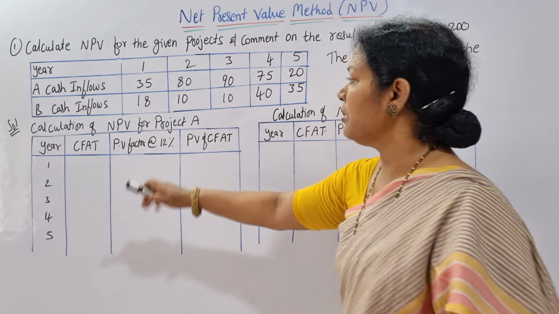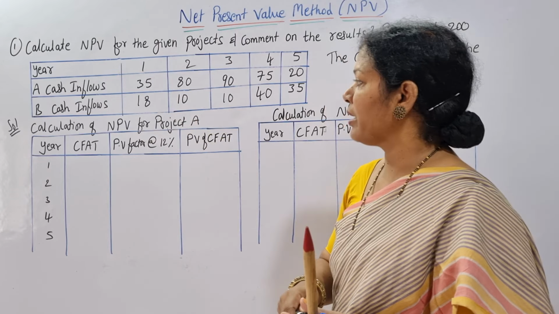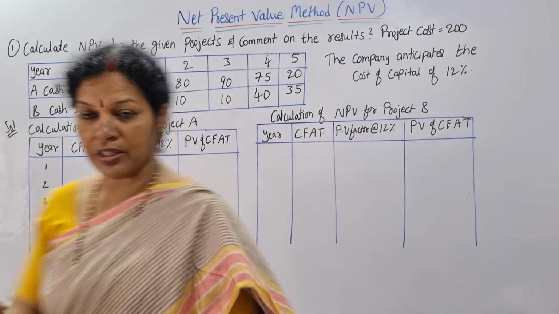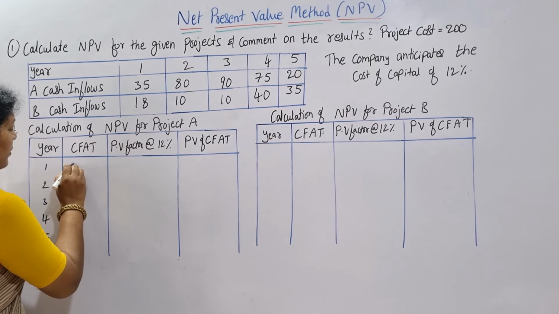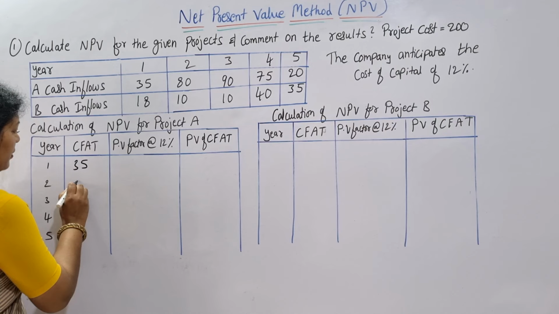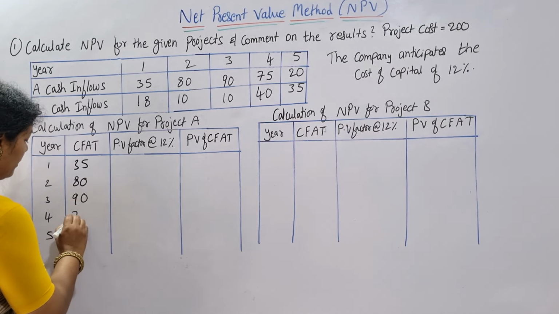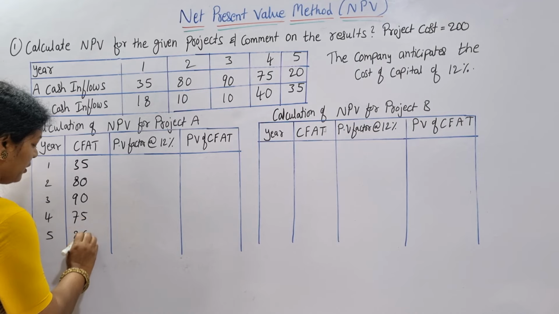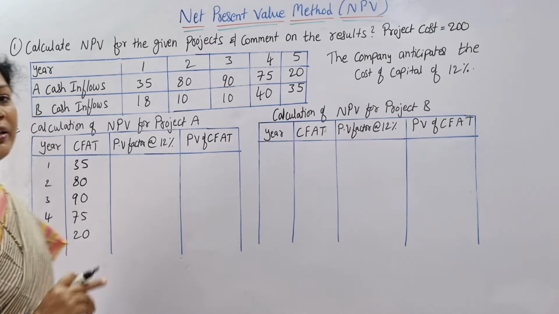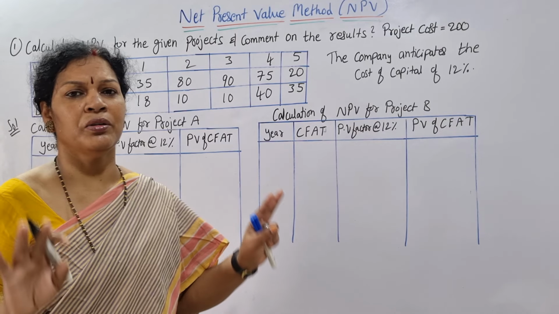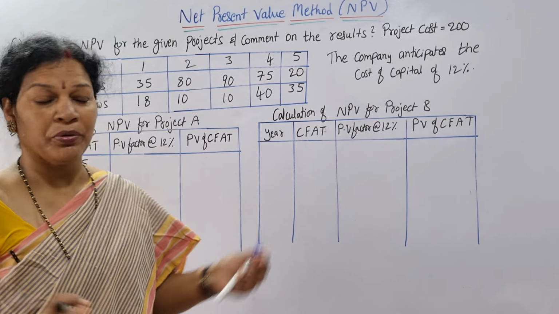First what is given to us? Year I have already written. Now the cash inflows: 35, 80, 90, 75 and 20. Now the PV factor at the rate of 12%. I already told you there is no need to see the present value tables, simply you can calculate it.